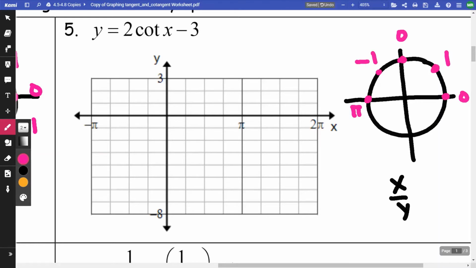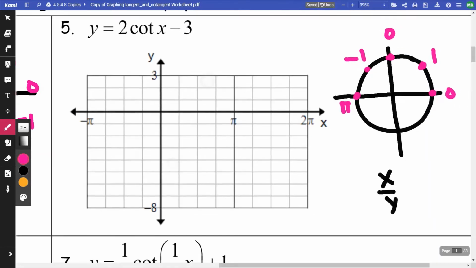So in this case, I have not changed my period. I have not shifted anything. So I am going to have an asymptote here on the y-axis, and I'm going to have an asymptote here at pi.